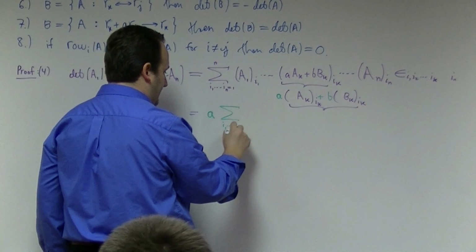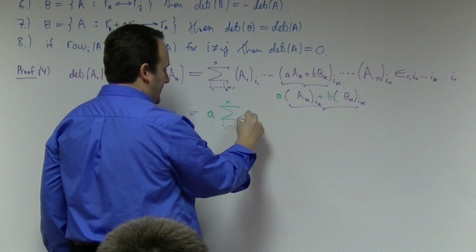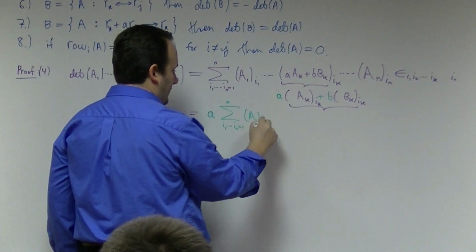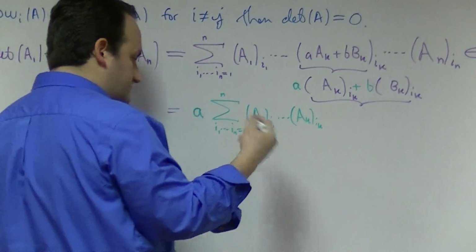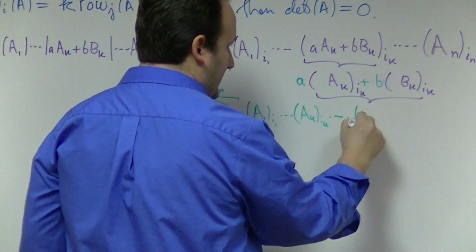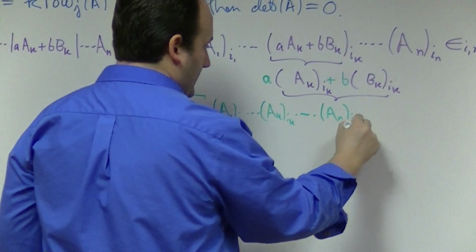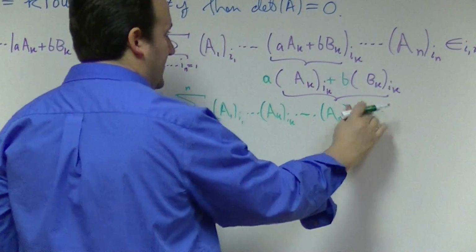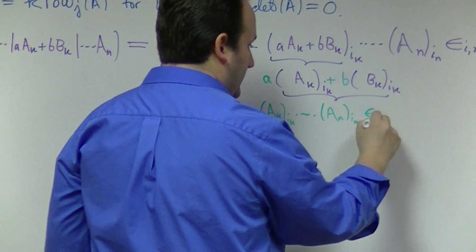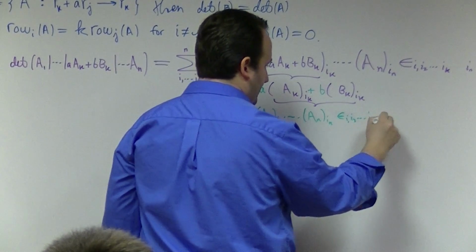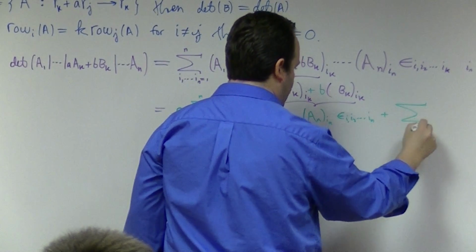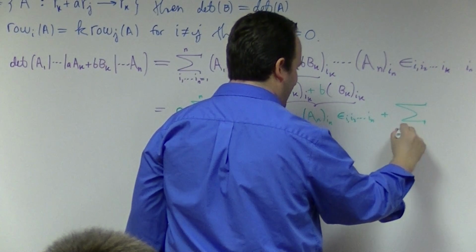over i1 through in, and then you've got A1, i1, A k, ik, and so forth and so on until I get to the nth one, and I keep forgetting my favorite symbol, epsilon i1, i2, in, and then plus the sum, using properties of finite sums.